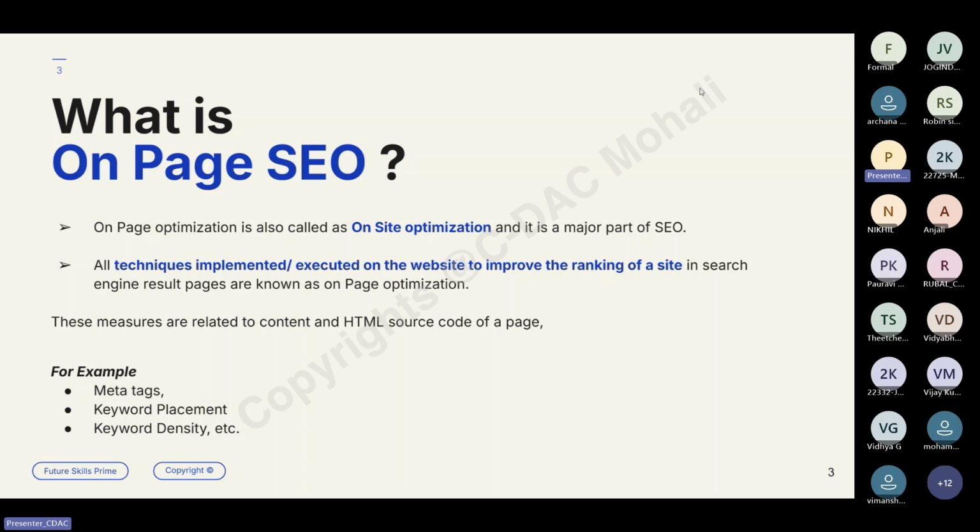And what are the different factors that you have to remember when you perform on-page SEO? These are the meta tags, title, keywords, keyword placements, and keyword density.